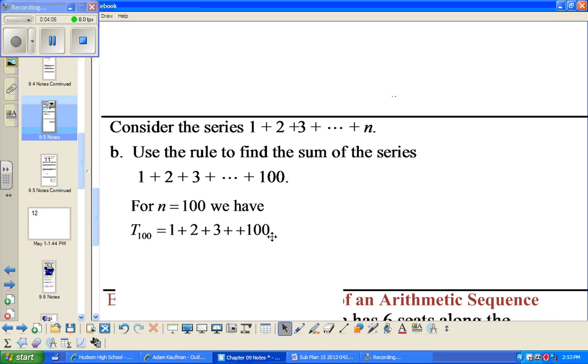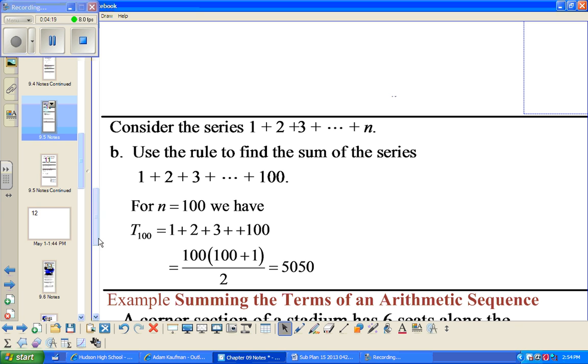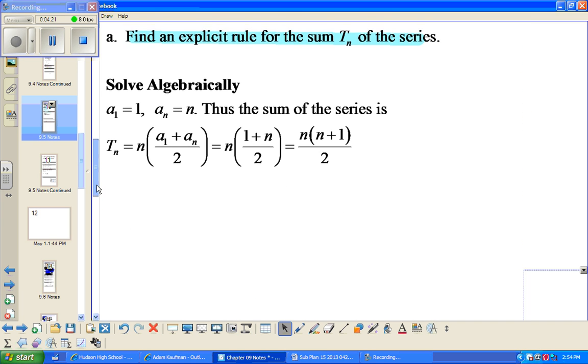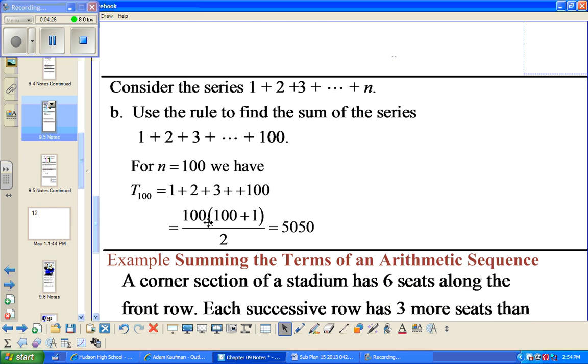So you'll rewrite the series in such a way, should be right in here. And then plug in 100 for n and for a sub n, since they're the same in this case, and you get your sum. Simple as that.